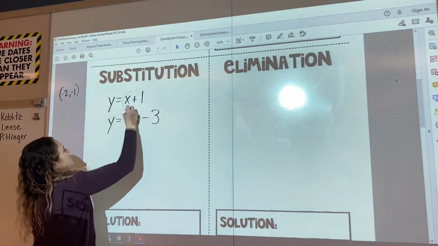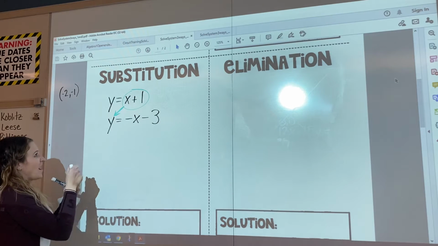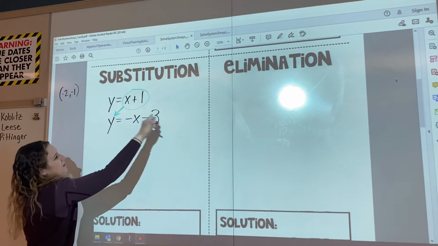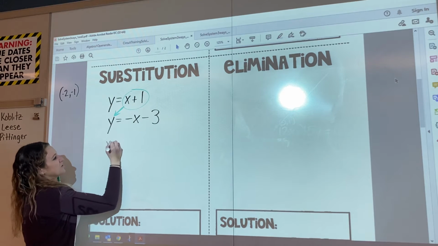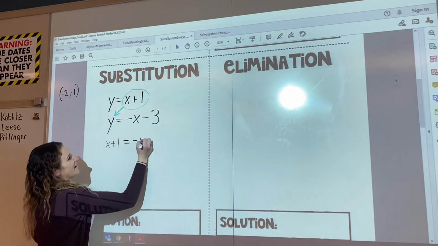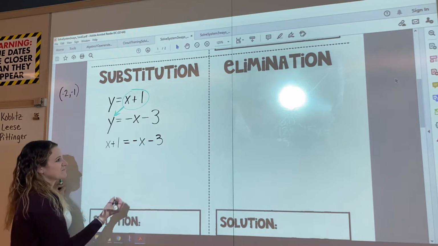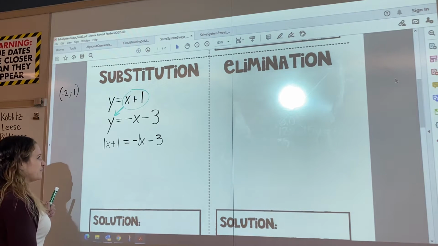If my x plus 1 is equal to my y, then that should go in right there for that y. So I'm going to rewrite the bottom equation, but I'm going to replace this y with that. So I have x plus 1 equals negative x minus 3. I'm going to throw a 1 in front of those x's just so I know the coefficients.